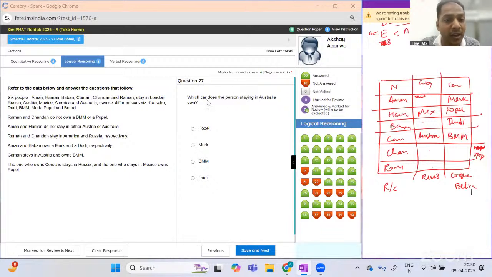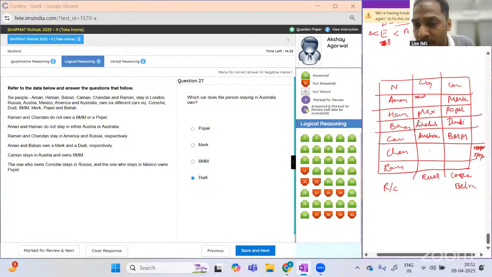Which car does the person staying in Australia own? All right, there are multiple options. It could be Audi or it could be Belrally, but Belrally is not there. So it is Audi. I don't know which clue I've missed, but this is Australia.